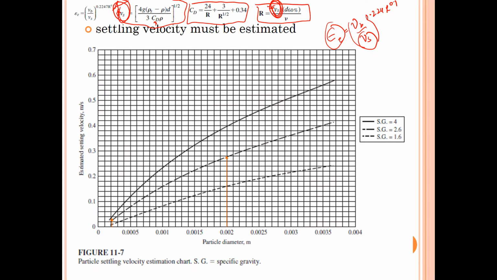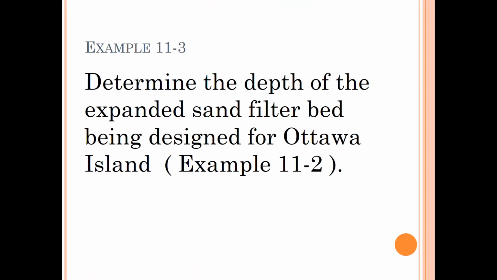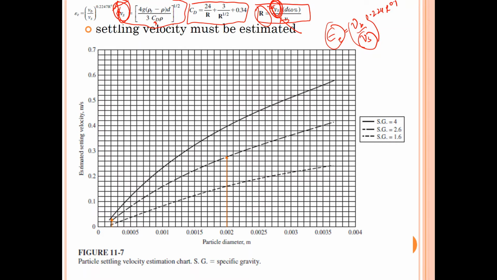So what we have to do is use an estimated settling velocity. Somewhere we have to use some value from experiment and then find a Reynolds number. Then we use the Reynolds number to find the drag coefficient, and then we use this drag coefficient to find the particle settling velocity, and from the particle settling velocity we can find the Reynolds number and put it here to find the expanded bed velocity.